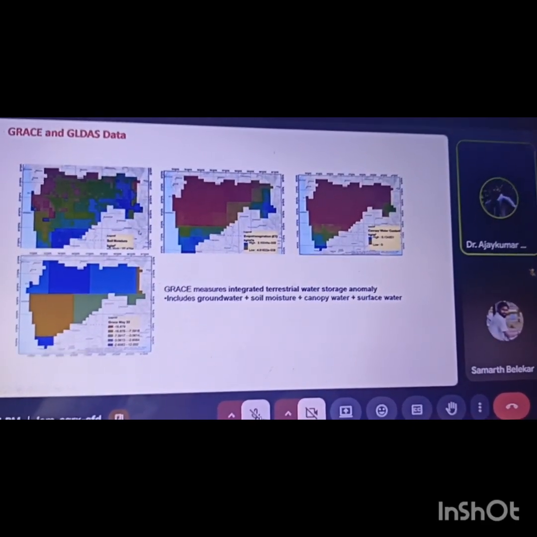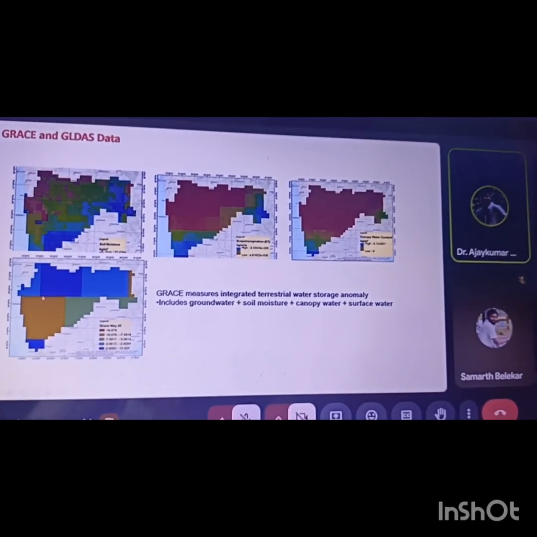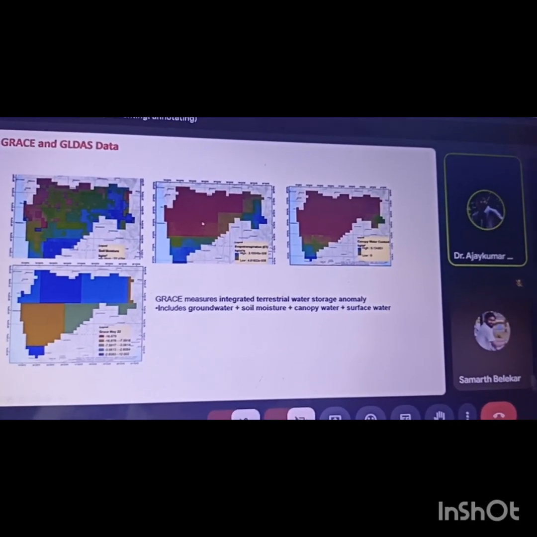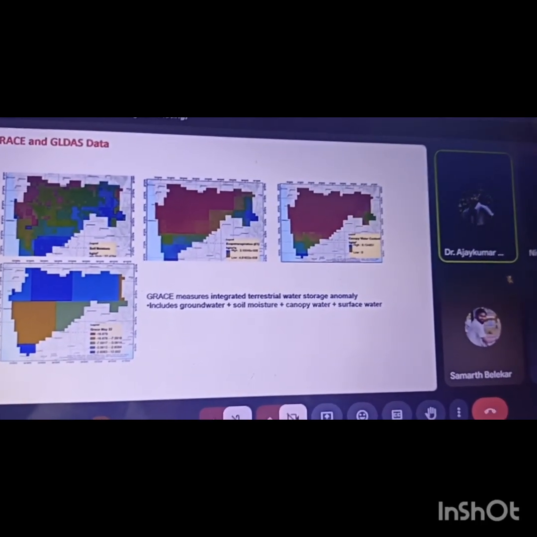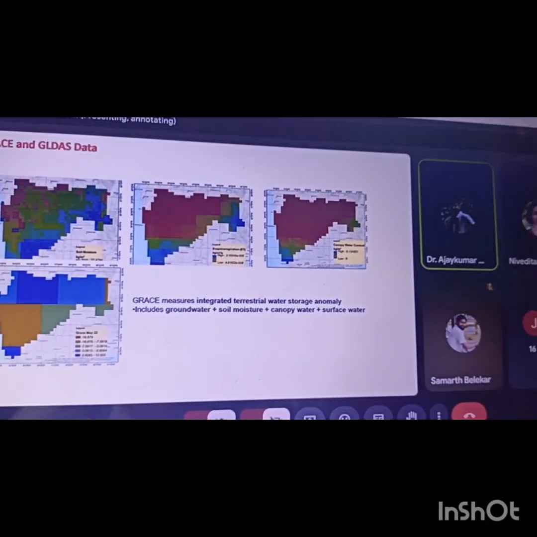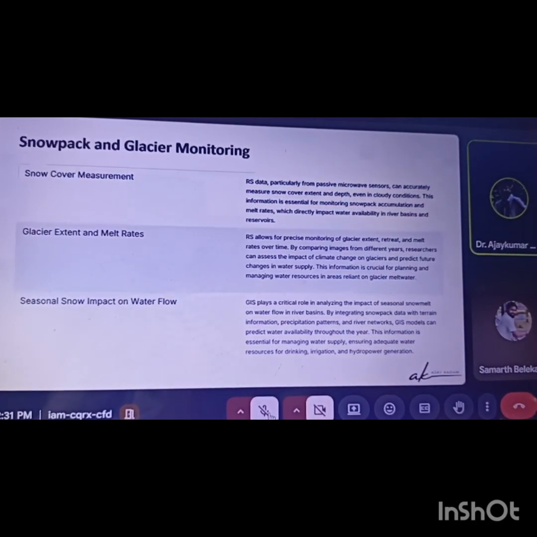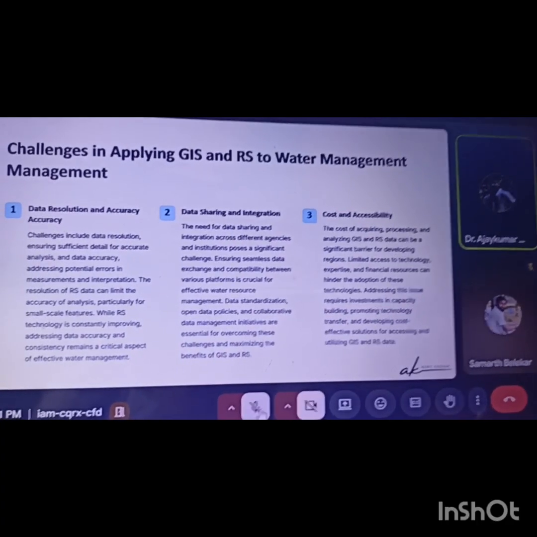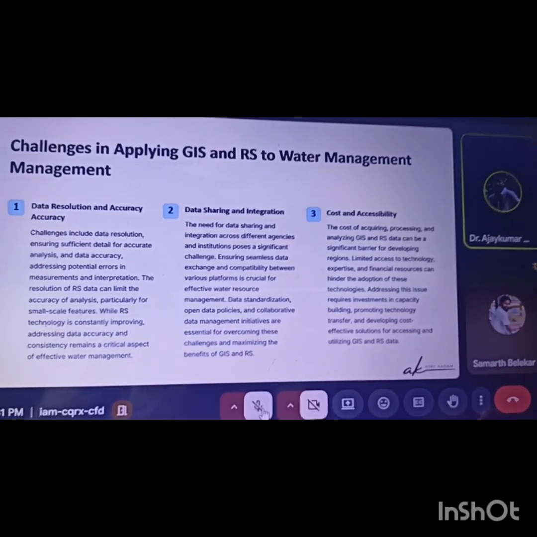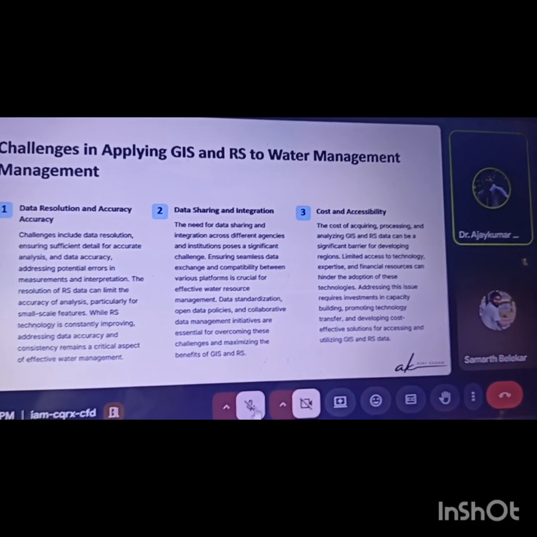So there is always a challenge whenever you study bigger areas or smaller areas. The spatial resolution is not similar, and whatever data we are getting is not radiometrically corrected data. So whenever you do a GIS based study, this problem comes every time: data resolution and accuracy will always create a problem, because the pixel size of one data is 110 kilometer and the same area has a 5 kilometer by 5 kilometer pixel.